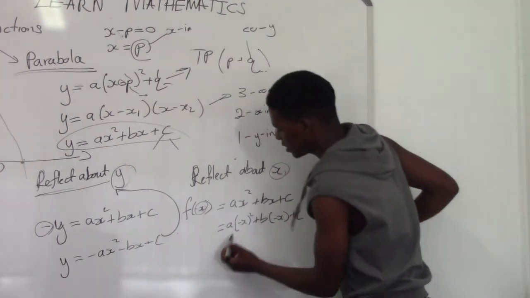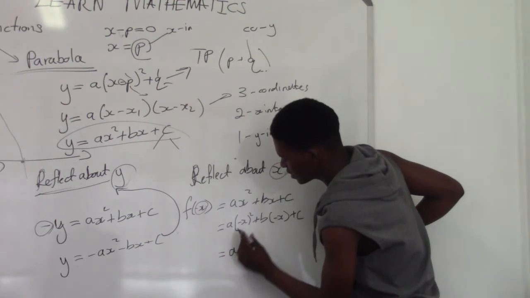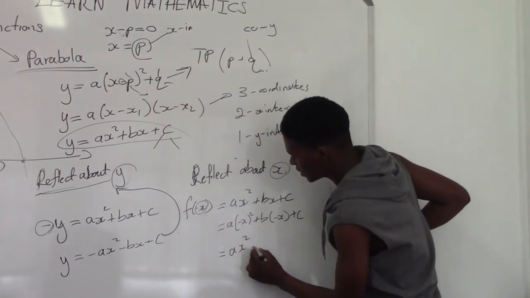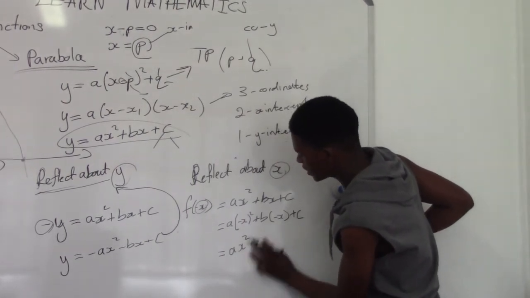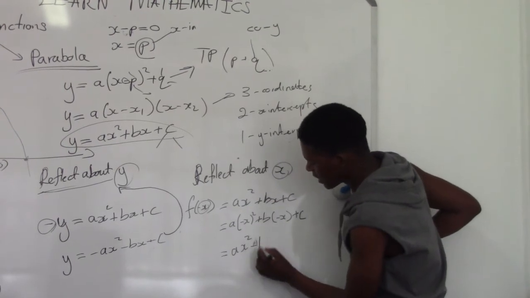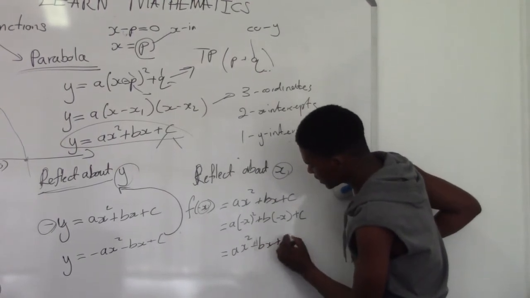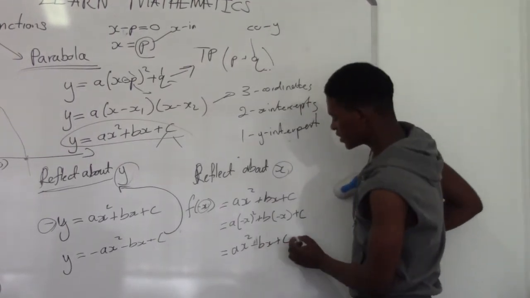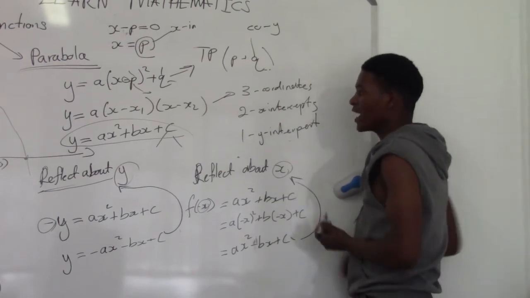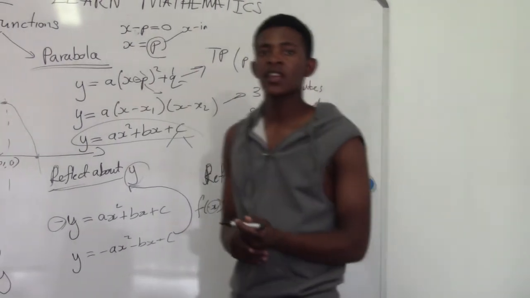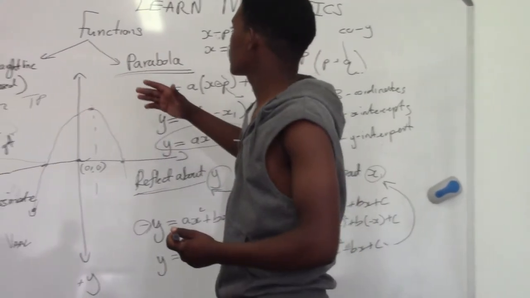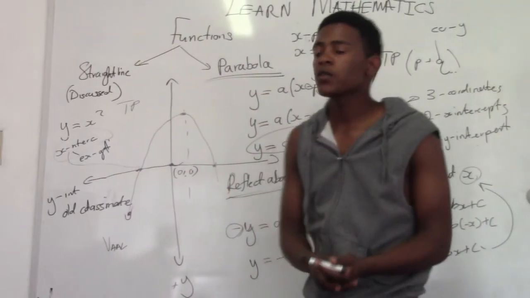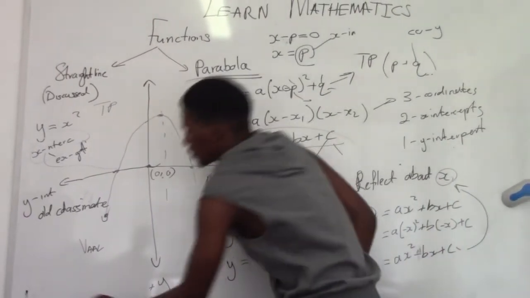Which is ax² minus bx plus c. So this is your reflection about the x axis.